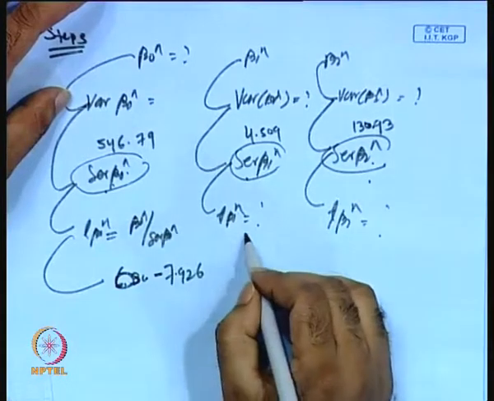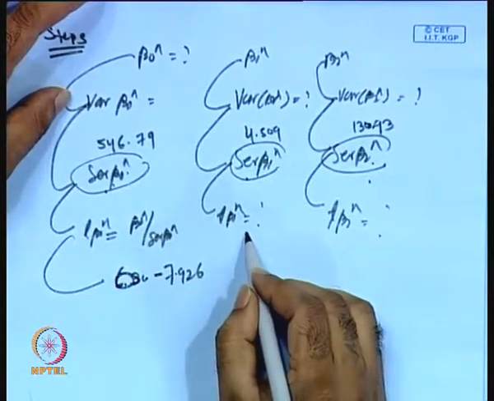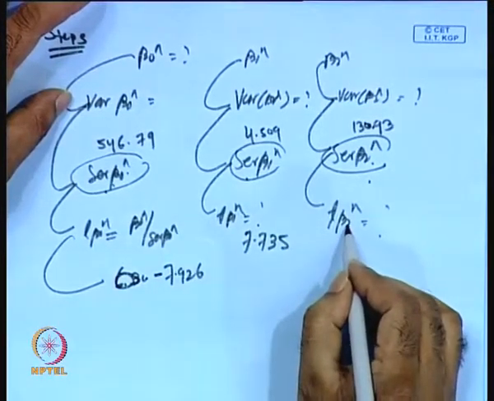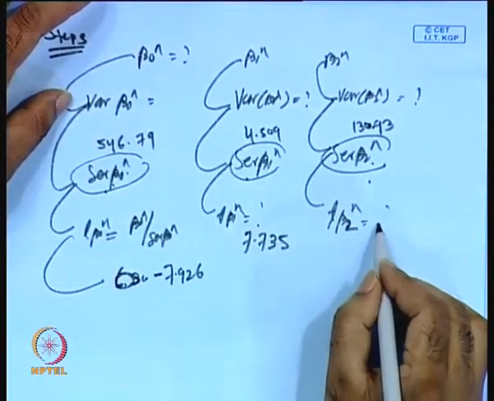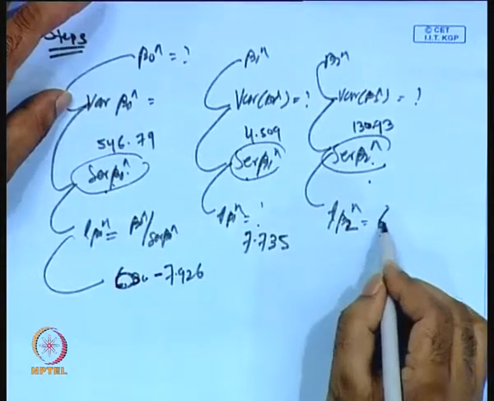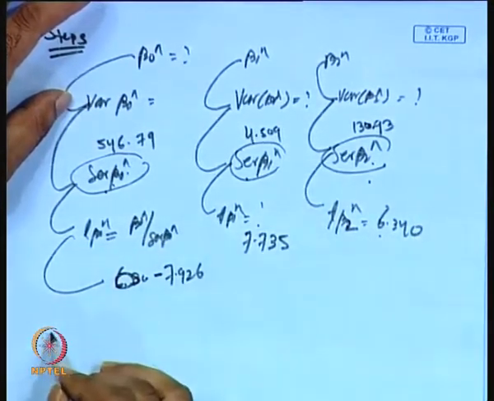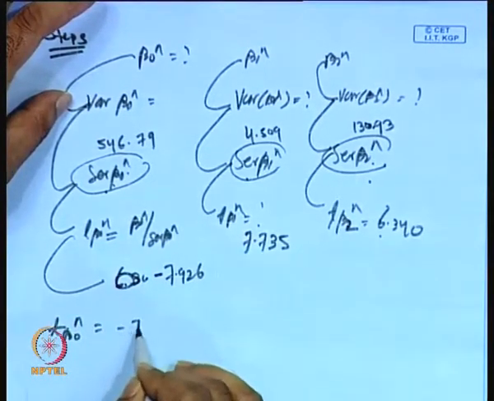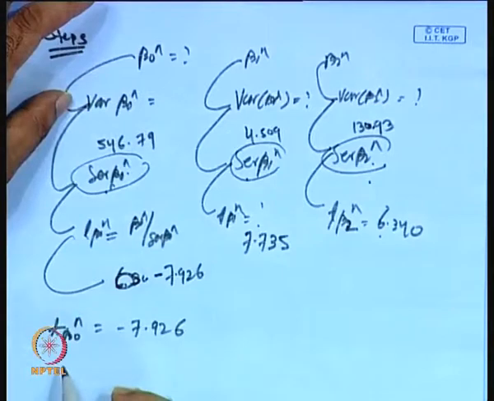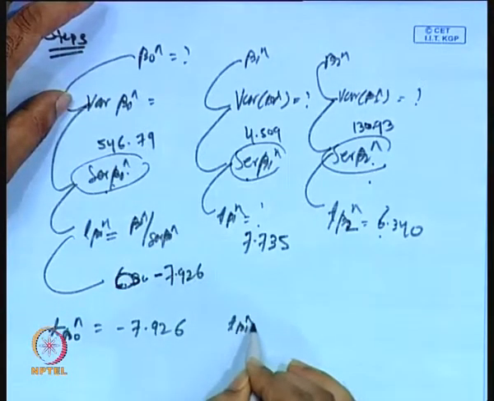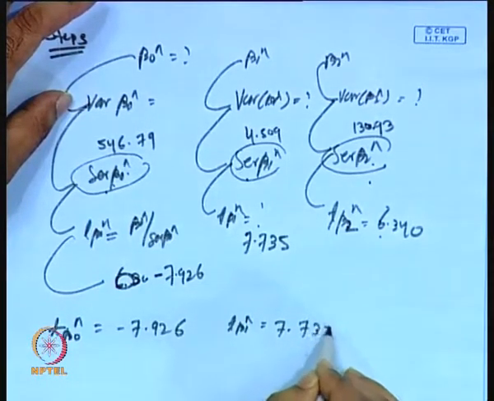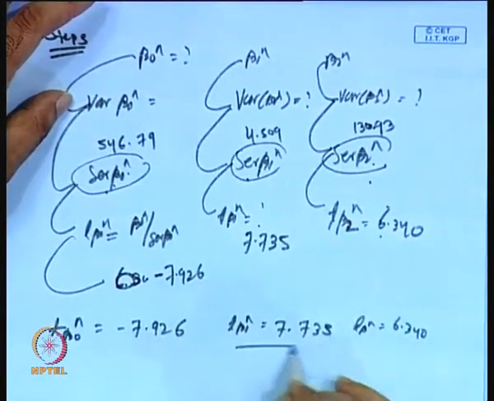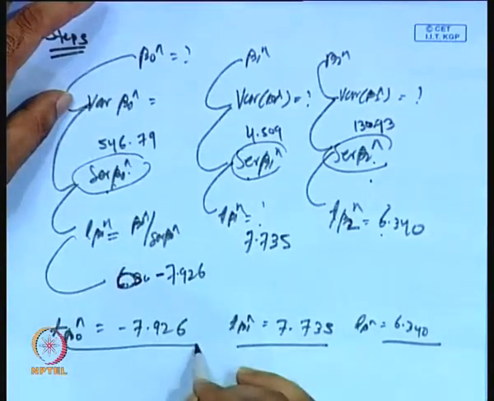Then t of beta 1 hat is coming 7.735, and t of beta 2 hat is coming 6.340. So we bring it here: t of beta 0 hat equal to minus 7.926, t of beta 1 hat equal to 7.735, and t of beta 2 hat equal to 6.340. This is very high, this is also very high, and this is also very high.